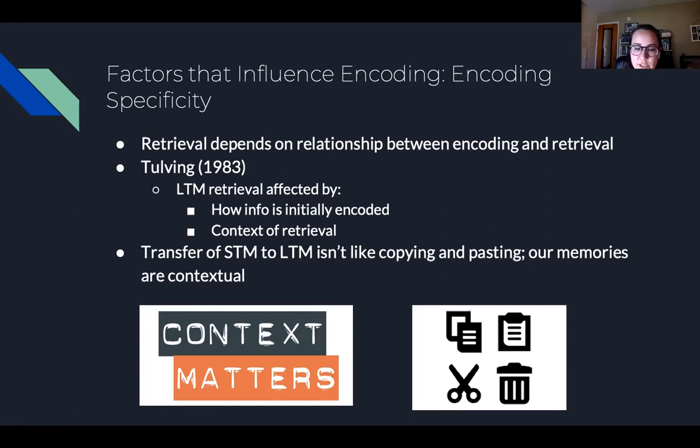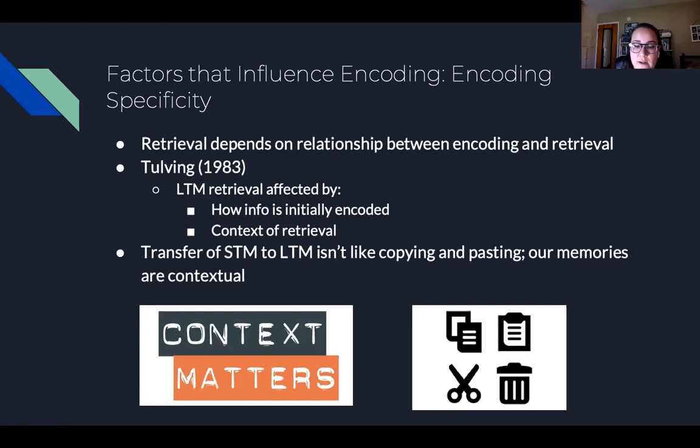This essentially argues that a person's ability to retrieve information is fully dependent on the relationship between the kind of processing that they did during the encoding, and the context of the retrieval itself. A study by Tulving in 1983 demonstrated that there are two things that affect long-term memory retrieval: how information is initially encoded, and the way in which it is retrieved, so the context of retrieval.